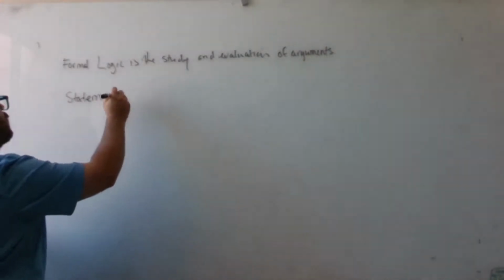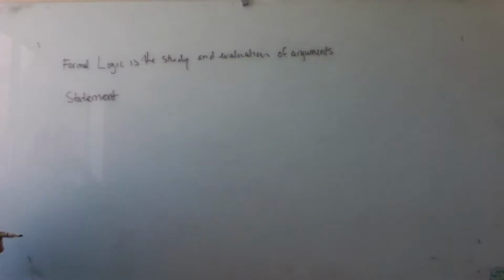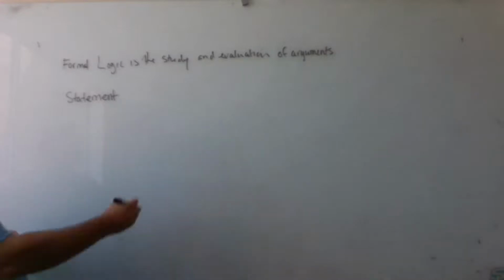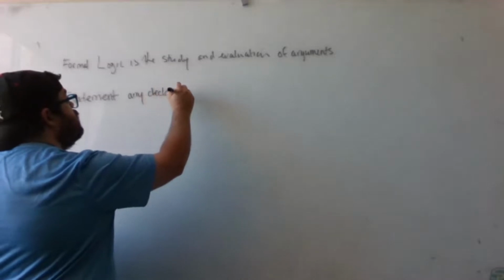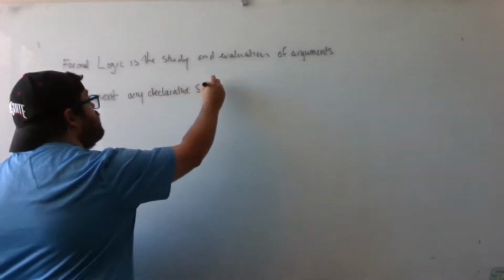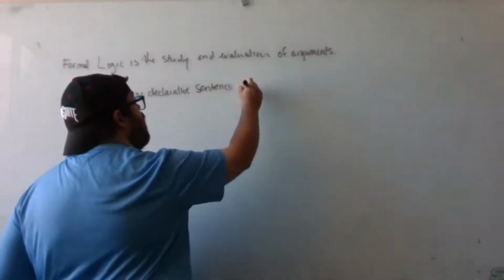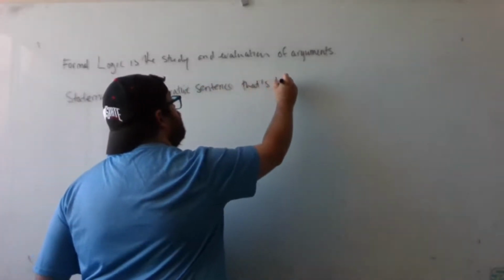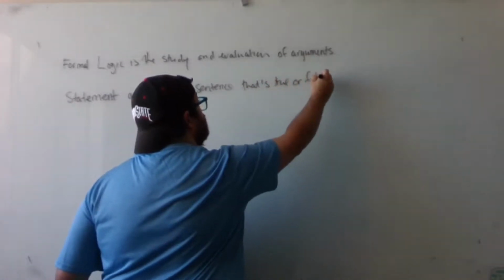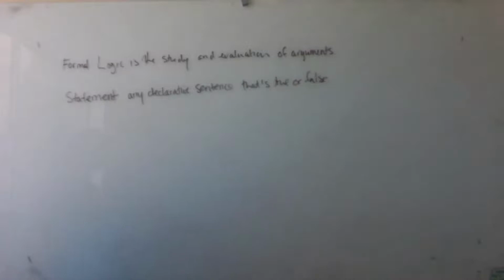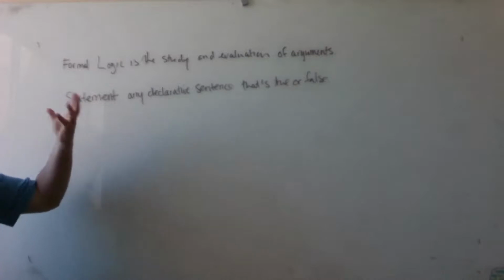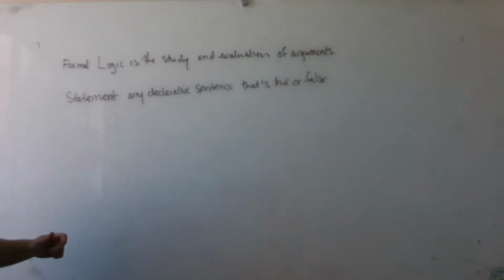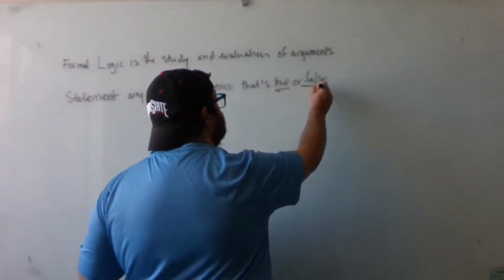A statement is any declarative sentence that can be considered true or false. So the things that make up arguments are the types of things that are true or false. And that matters to us.